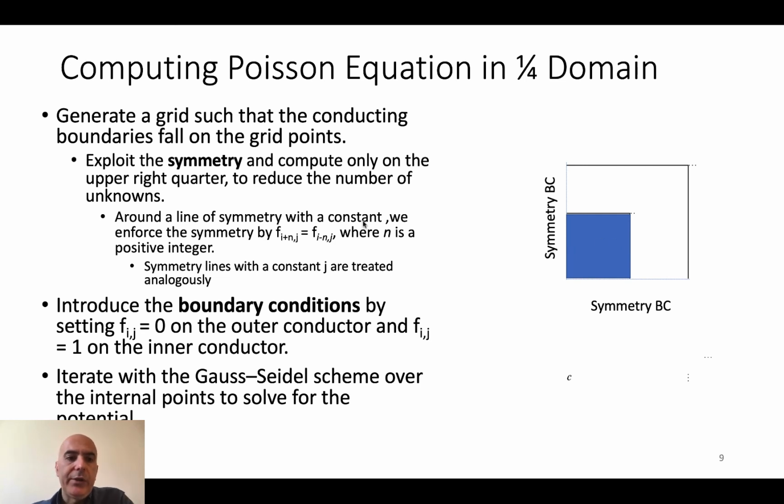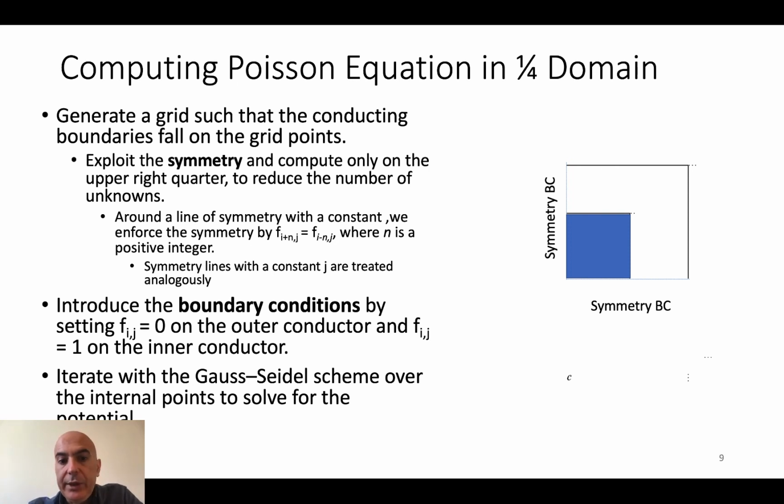We are going to apply a symmetry condition on this boundary here and here, around a line of symmetry with a constant i. So how do we enforce the symmetry? We just enforce this equation on the boundaries where we have the symmetries: the function at the point i plus n is equal to the one at i minus n with respect to the axis.